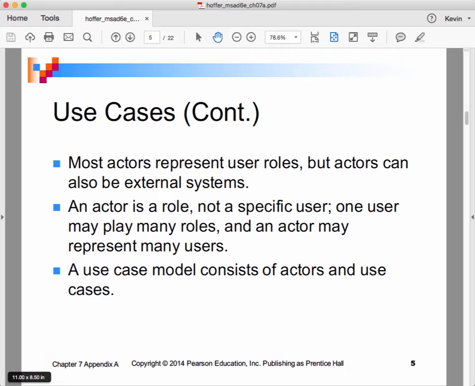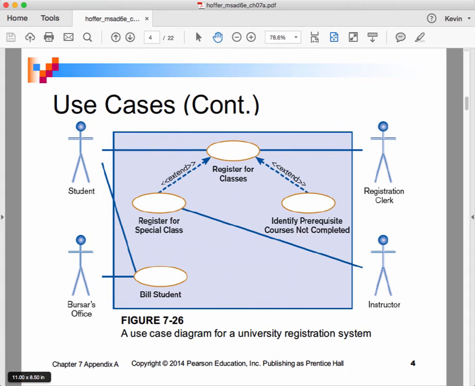The same thing with actors here. Now, if we have an external system that is an actor, we can use this same old stick figure to represent that system.